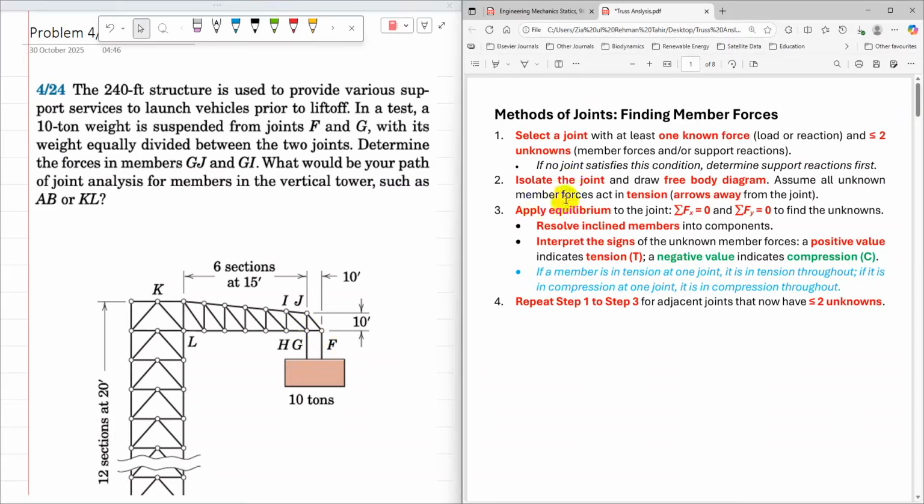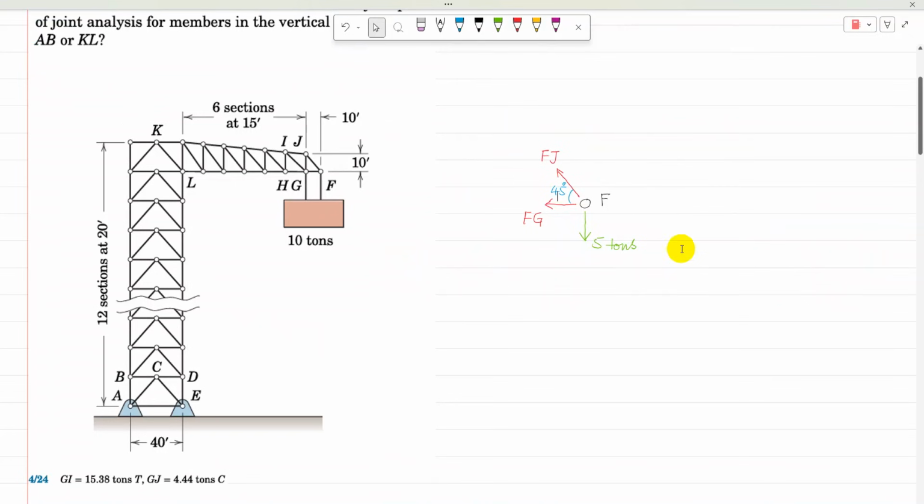We need to isolate the joint and draw the free body diagram, assume all unknown member forces in tension, and then apply the conditions of equilibrium. So the free body diagram of joint F is drawn. At joint F, half of the load is acting, and FJ and FG are assumed in tension.